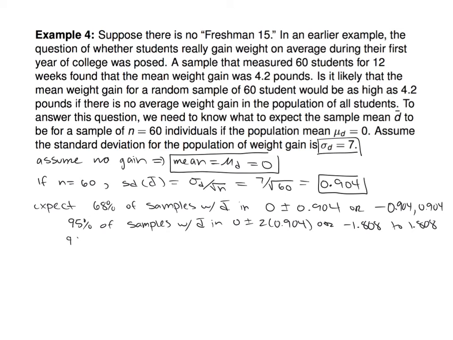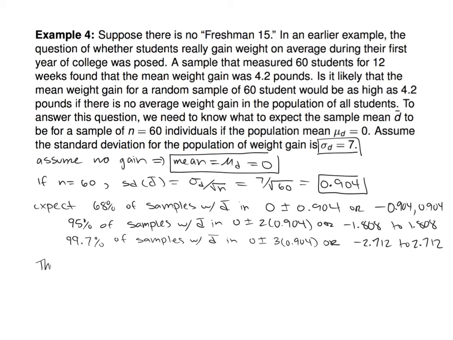And almost all of our samples, 99.7%, would have d bar in 0 plus or minus 3 times 0.904, or negative 2.712 to 2.712.